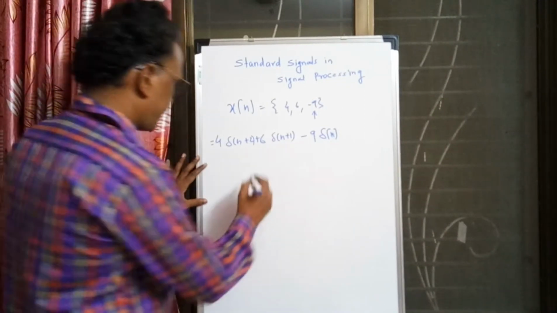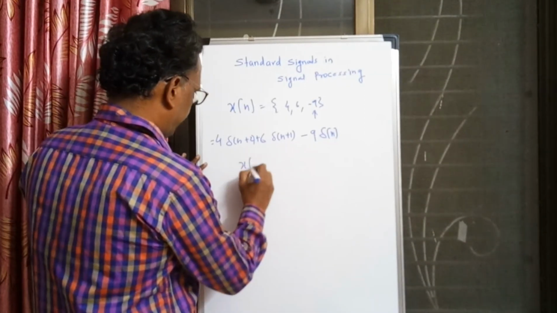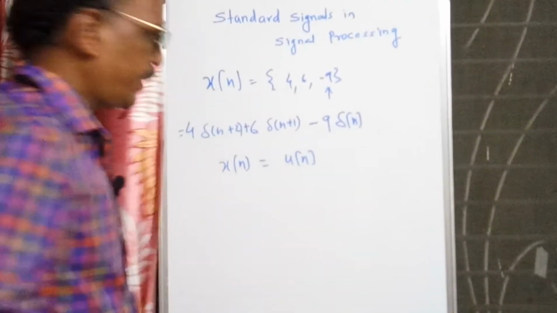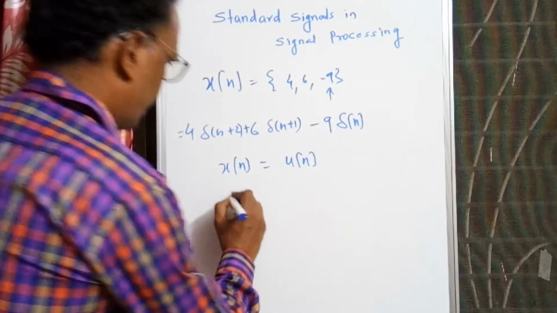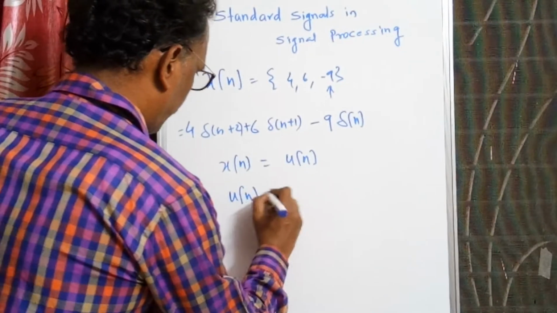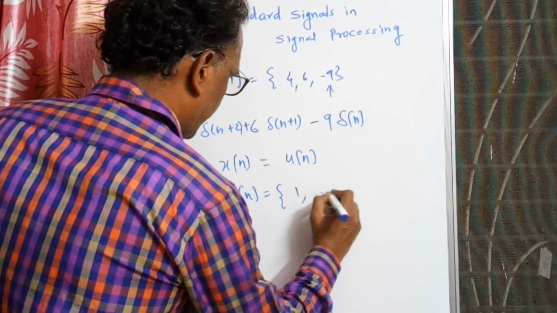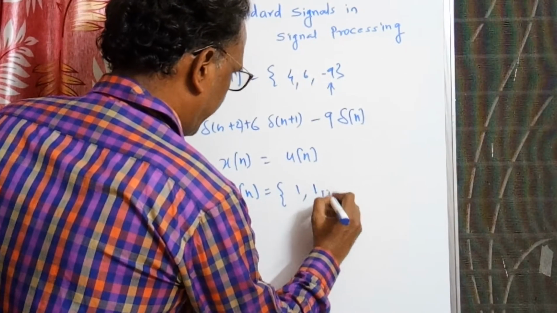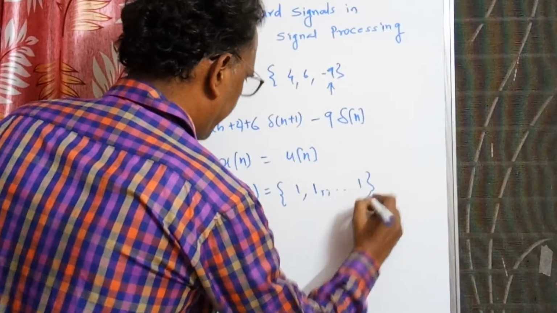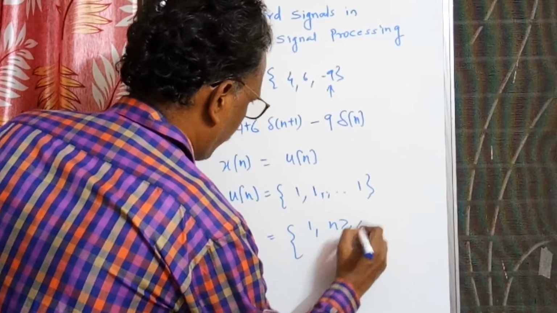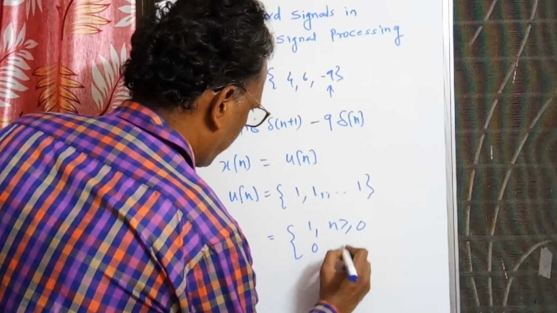So if I take x of n equal to unit step sequence, we know that the unit step sequence is a sequence existing from 0, having amplitude 1, 1, 1, 1 up to infinity. Or we can write it like this: it is 1 for n greater than or equal to 0, and 0 otherwise.